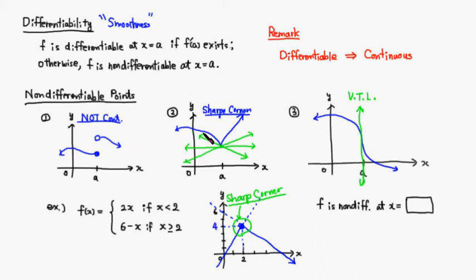So this is the second kind of non-differentiable point. Because of the sharp corner, this function f of x is non-differentiable at x equals 2.